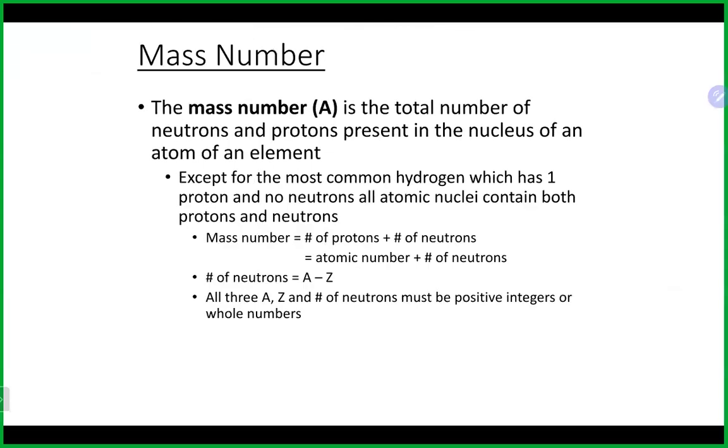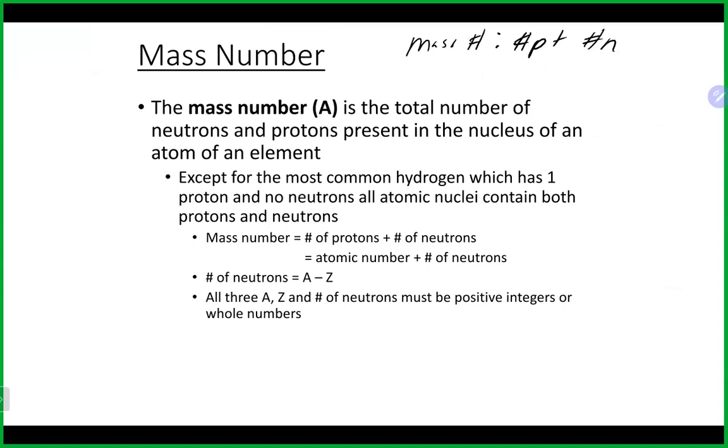Another really important number is the mass number, sometimes abbreviated with an A. The mass number is actually the number of protons and the number of neutrons there are in the nucleus of an atom. So the mass number is our number of protons plus the number of neutrons there are in an atom. Why is mass number kind of important?